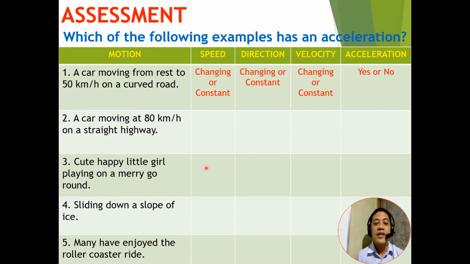Number 4, sliding down a slope of ice. And number 5, many have enjoyed the roller coaster ride. To answer each of the variables in describing the speed, direction, velocity, and acceleration, just select between changing or constant for speed, also for direction and velocity, and select yes or no for acceleration. Good luck!